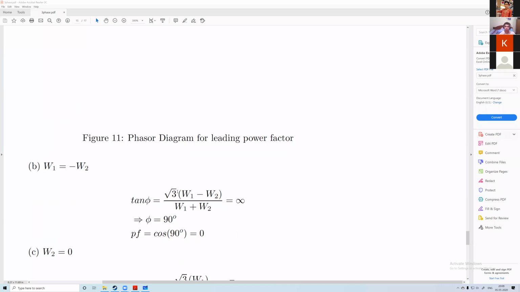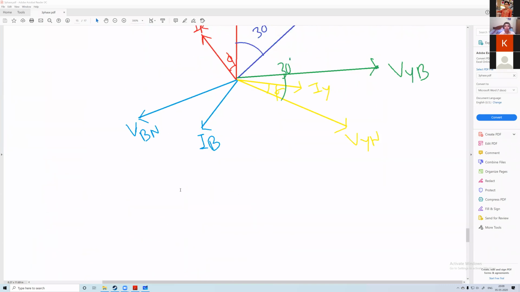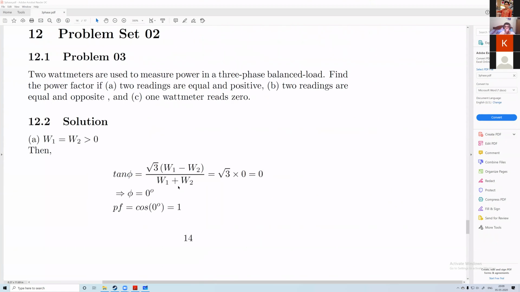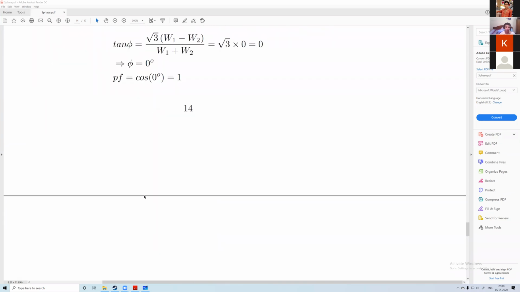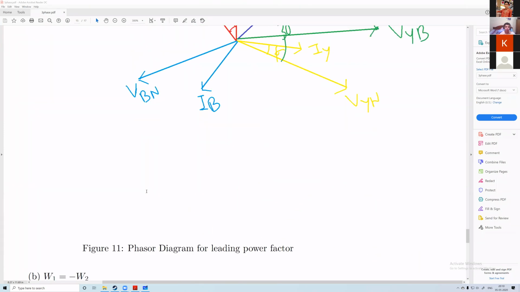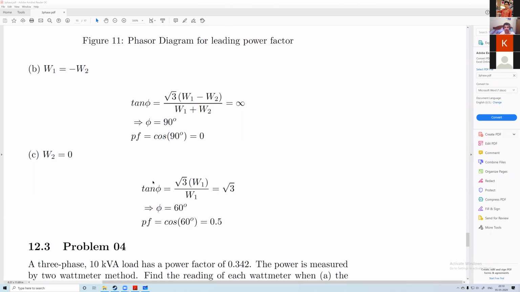Okay, so that is when W2 is 0. If W2 is 0, then tan phi is √3.